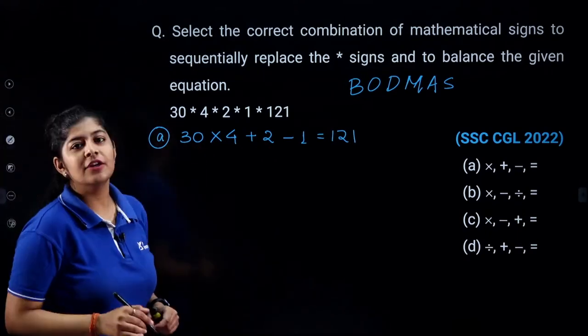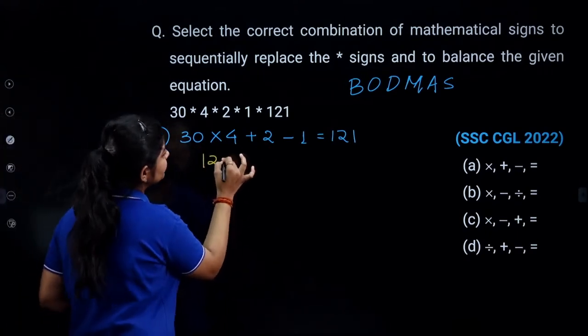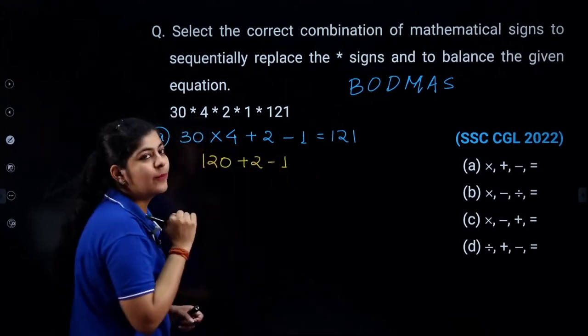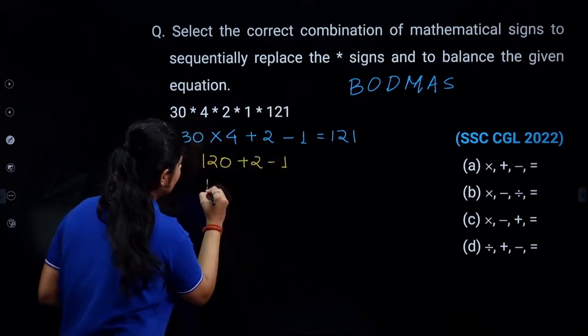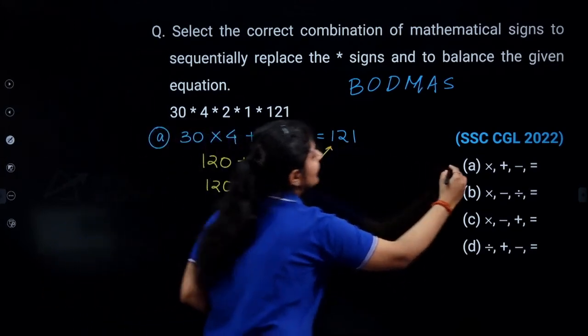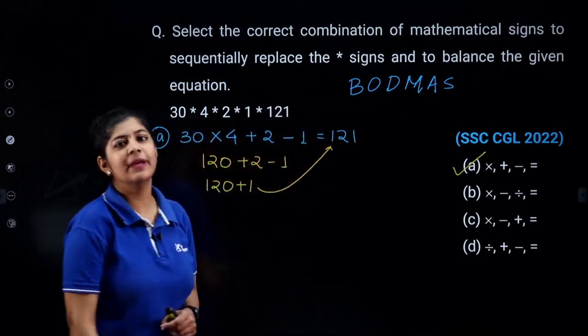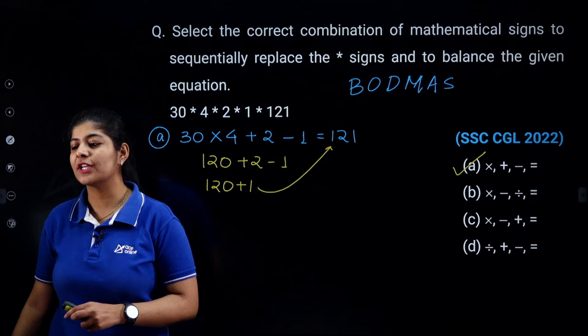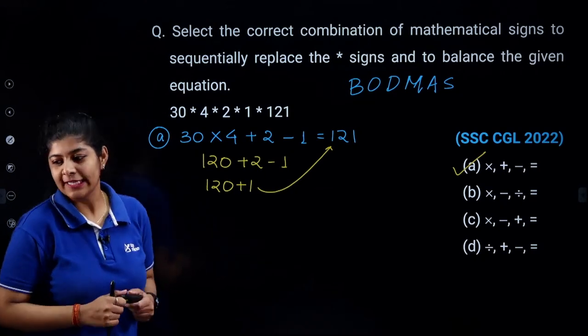So 30 into 4, 120, plus 2 minus 1. Ultimately what we are getting, 120 plus 1, and luckily we are getting our answer, and the correct answer is option number A. There is no need to check the rest of the options, right?